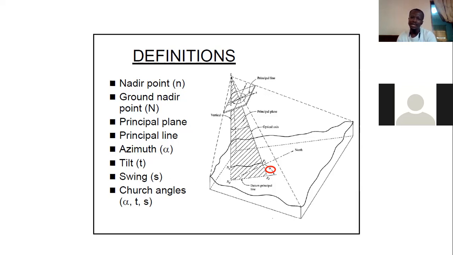The tilt is as a result of the vertical not coinciding with the optical axis. It's not coinciding. So what's the result? Because it's dropped, it's gone a particular direction.